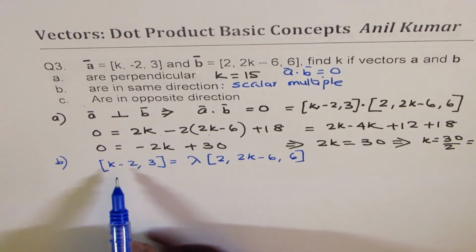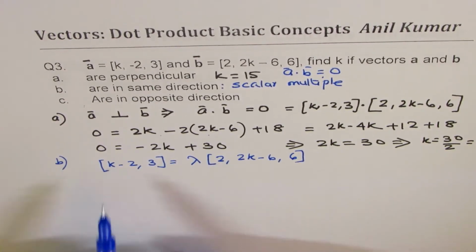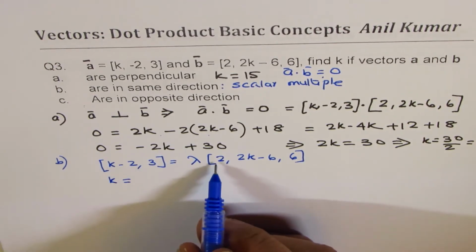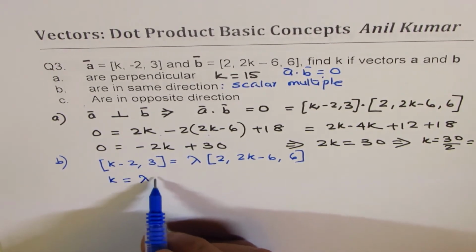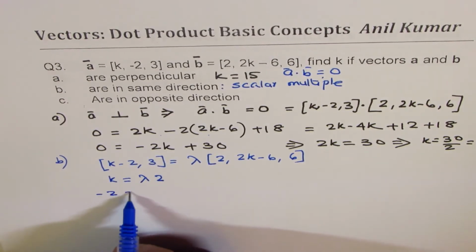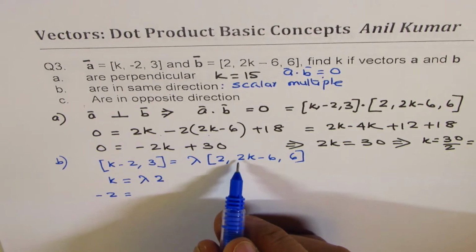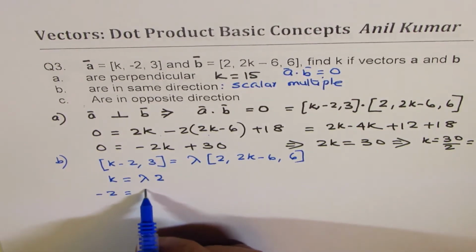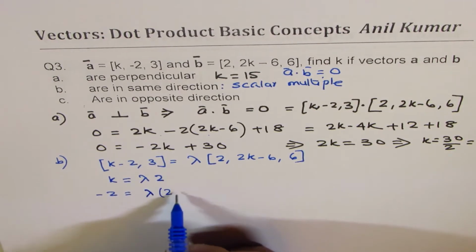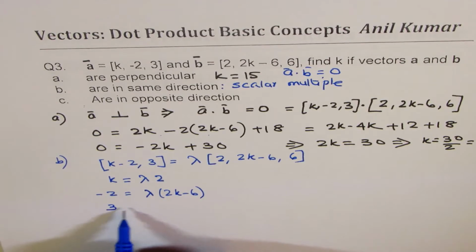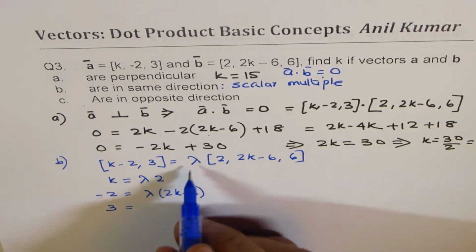So we get actually 3 equations from here. First equation is k should be equal to, their components should be the same, lambda times 2, right, or 2 lambda. Second is minus 2 equals lambda times 2k minus 6, for the time being. And the third one is 3 equals 6 lambda.